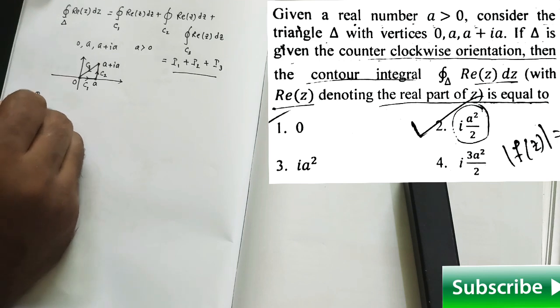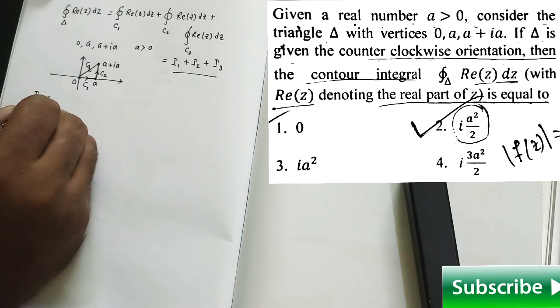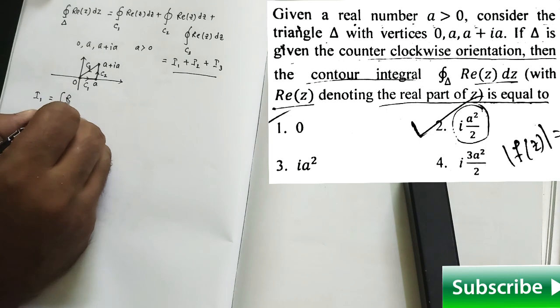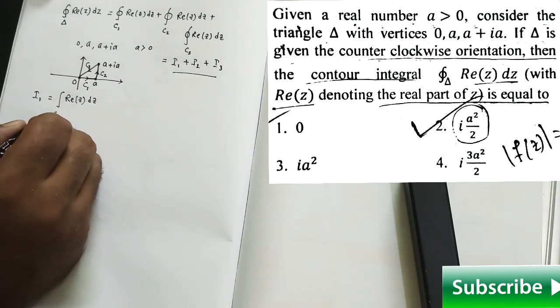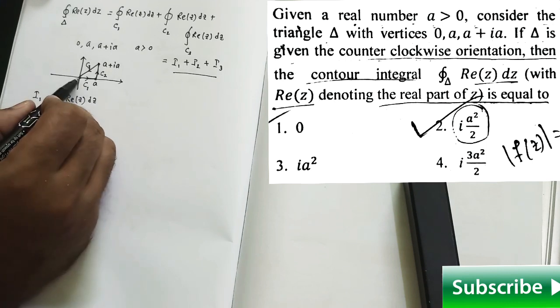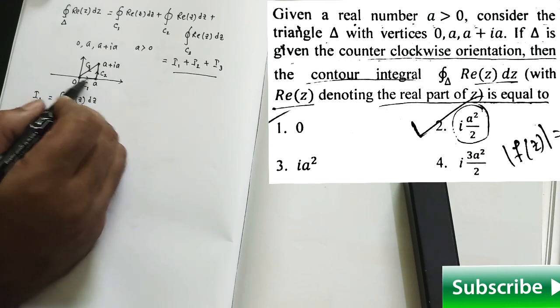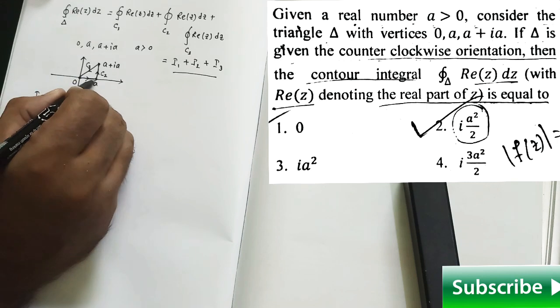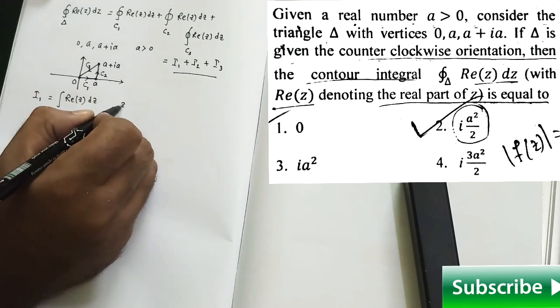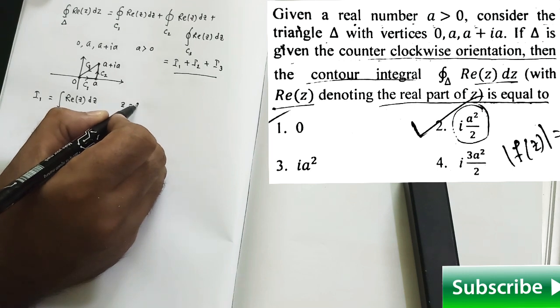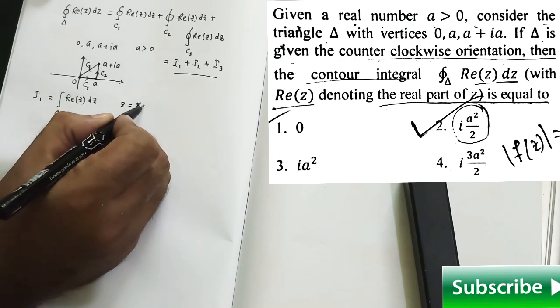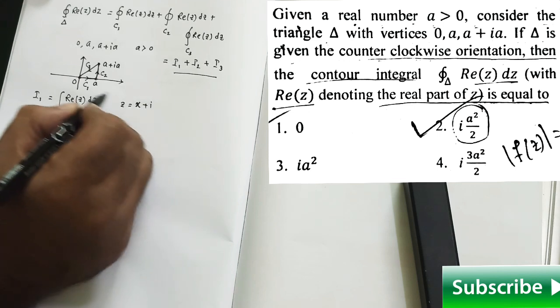Now try to calculate I1 separately. So I1 is equal to integral of real of z dz, it is along C1 and C1 is this one. Along this C1 your z is going to be x plus i into the y component.